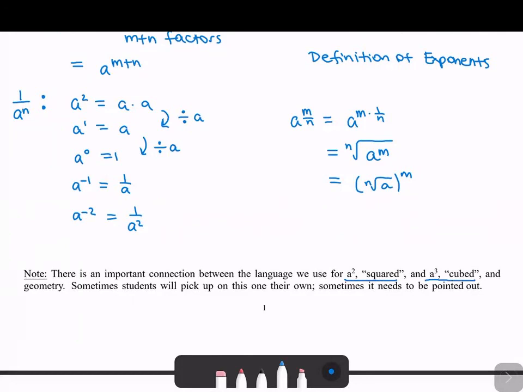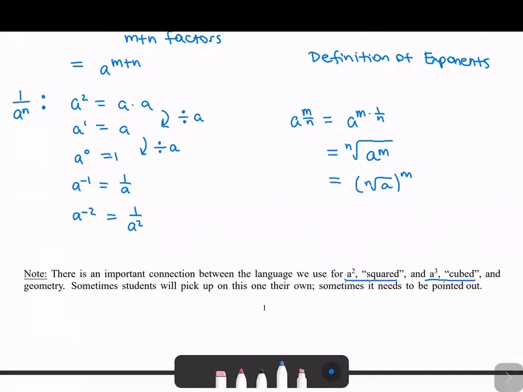This exactly corresponds with geometry. This may be something that you want to point out to your students, like I'm pointing it out to you now: a to the second is a squared because it can represent square area, which is two-dimensional, and a to the third power is called a cubed, which represents volume, which is three-dimensional.